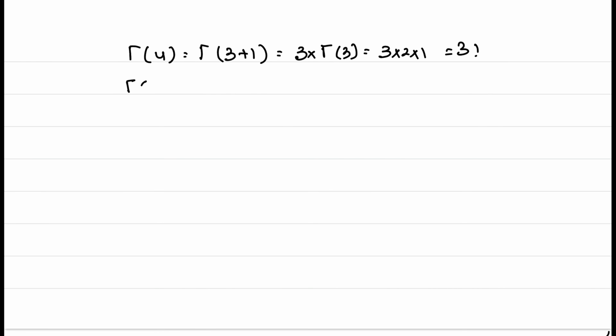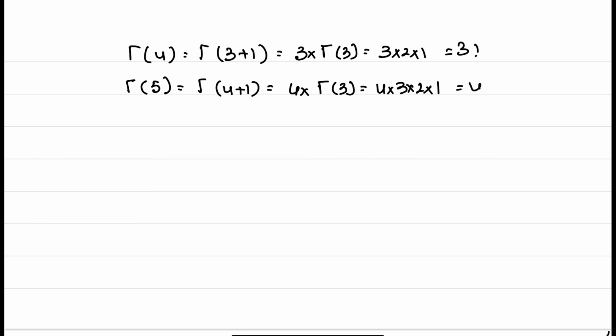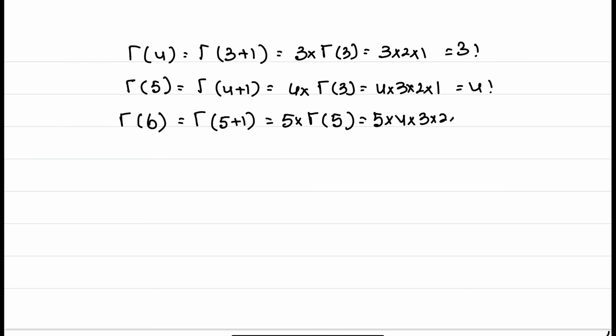We will be practicing. Gamma 5 is equal to gamma 4 plus 1, that is equal to 4 into gamma 4. That is 4 into 3 into 2 into 1, that is factorial 4. What is gamma 6? Gamma 6 is equal to gamma 5 plus 1, that is equal to 5 into gamma 5, that is equal to 5 into 4 into 3 into 2 into 1, that is factorial 5.